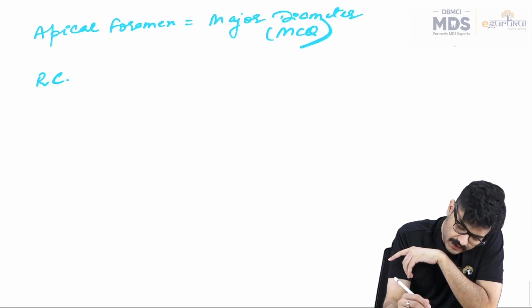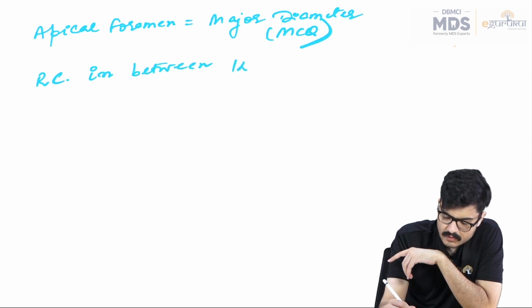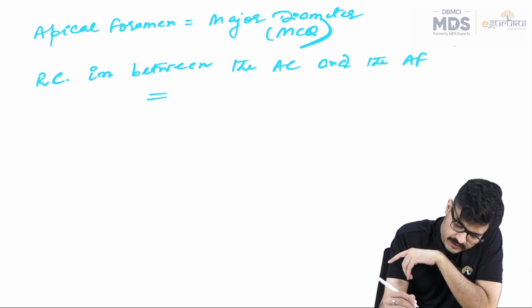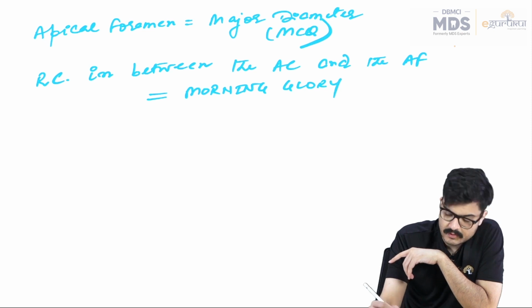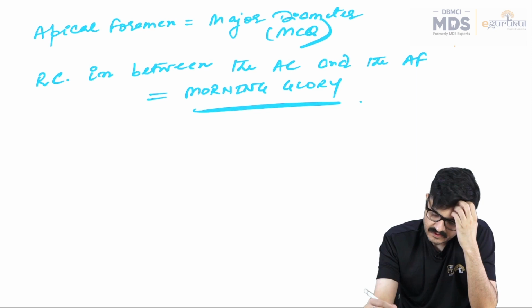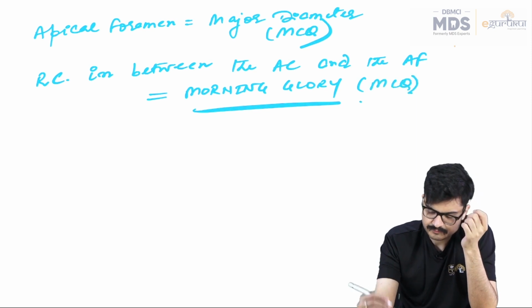And the root canal in between the apical constriction and the apical foramen is in the shape of the morning glory sun. Morning glory sun. Right, friends? So that is another important MCQ.